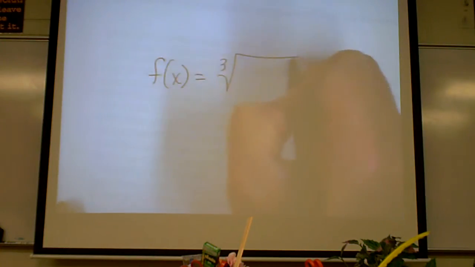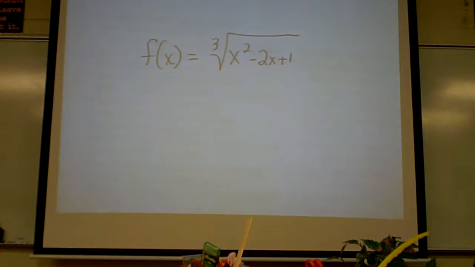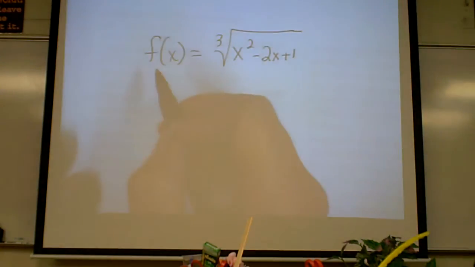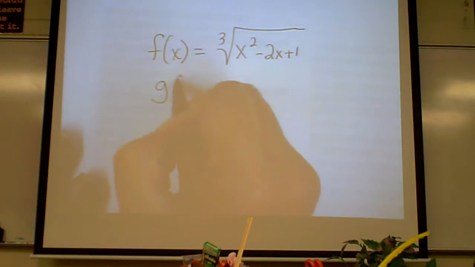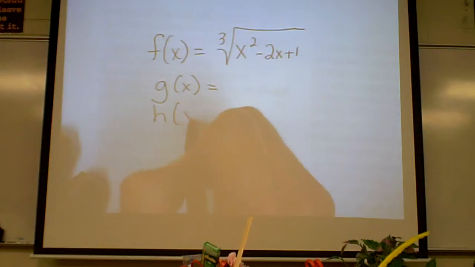The only other thing you guys may have struggled with, which is on your test: if I gave you this problem and asked you to split this function up into 2 different functions, g of x and h of x, what would the big one be?